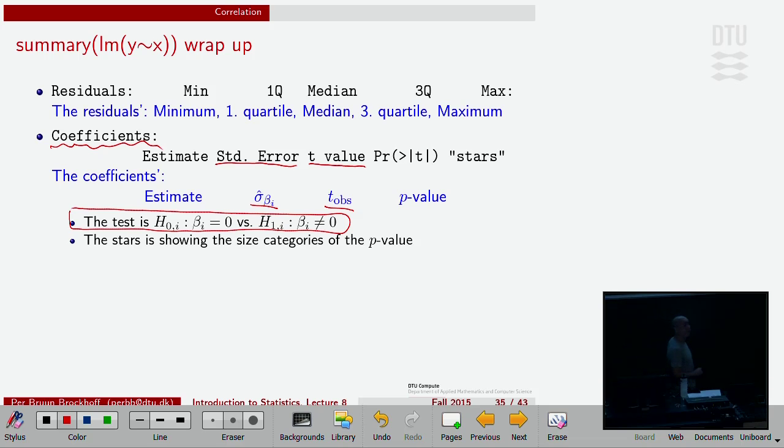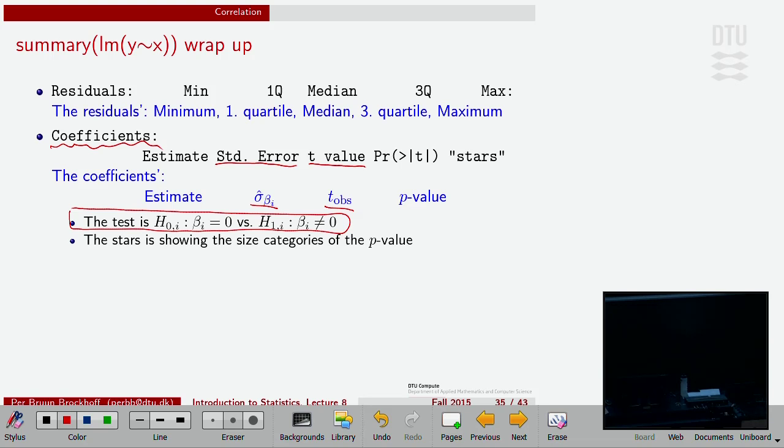Very often, the relevant hypothesis for the slope, the basic thing, is whether there is at all a relation between x and y. We check the p-value. If it's low, yes, there is a relation. If the p-value is not low, there doesn't seem to be a relation between x and y. Very often, ignore the t-test for the intercept, right? R is by default testing whether the intercept equals 0 and giving you the result of that hypothesis test.